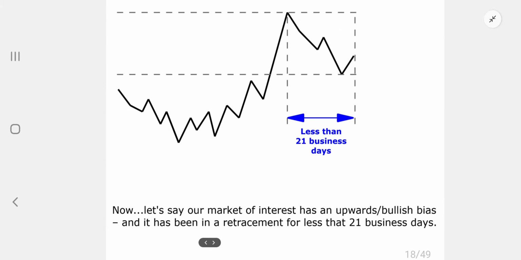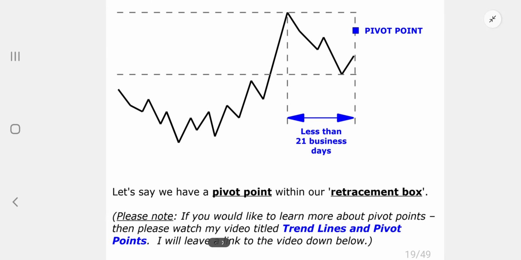Now, let's say our market of interest has an upwards/bullish bias, and it has been in a retracement for less than 21 business days. Let's say we have a pivot point within our retracement box. Please note, if you would like to learn more about pivot points, then please watch my video titled Trend Lines and Pivot Points.